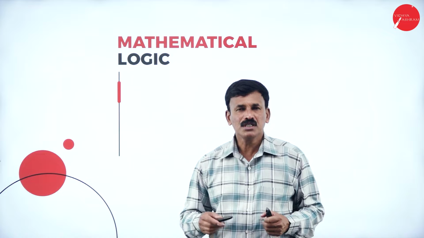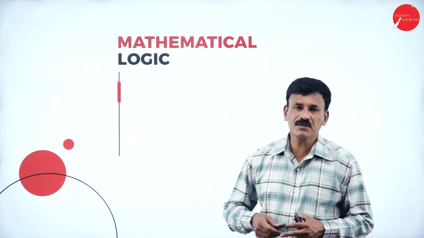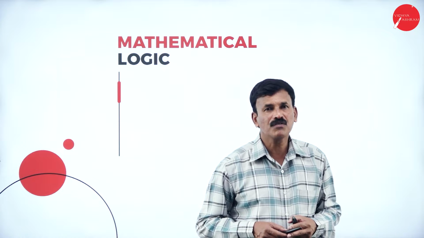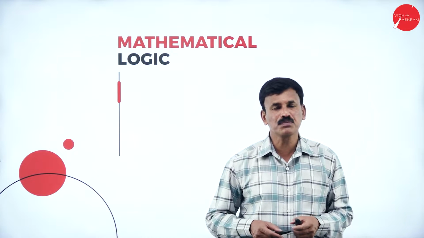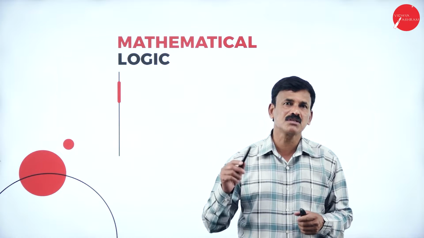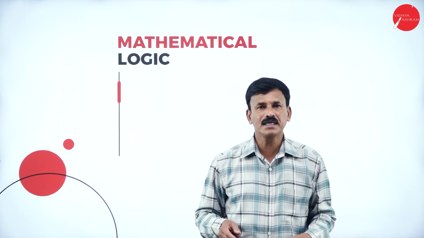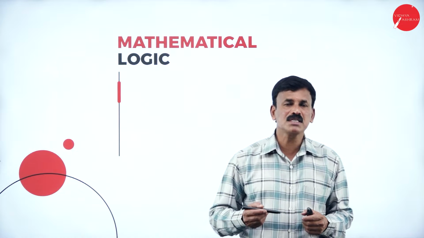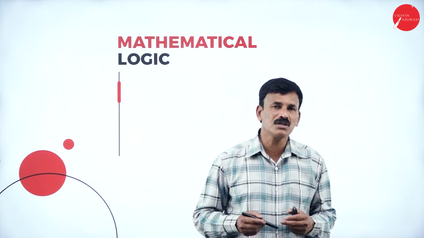In this unit, you are going to study the definition of mathematical logic and the definition of propositions, simple propositions, compound propositions, and then the connectives. Any two statements can be connected using a logical connective.